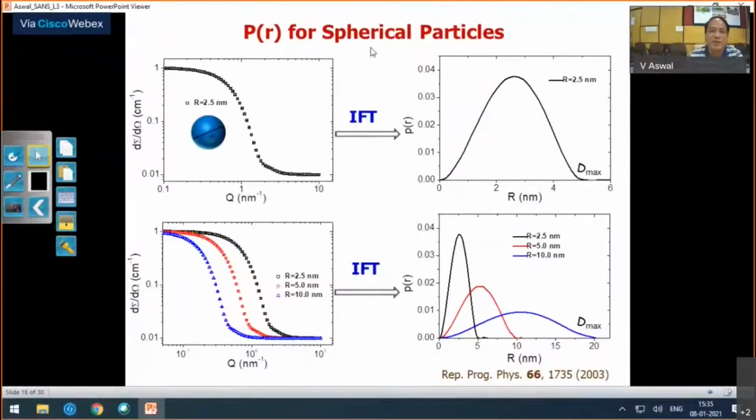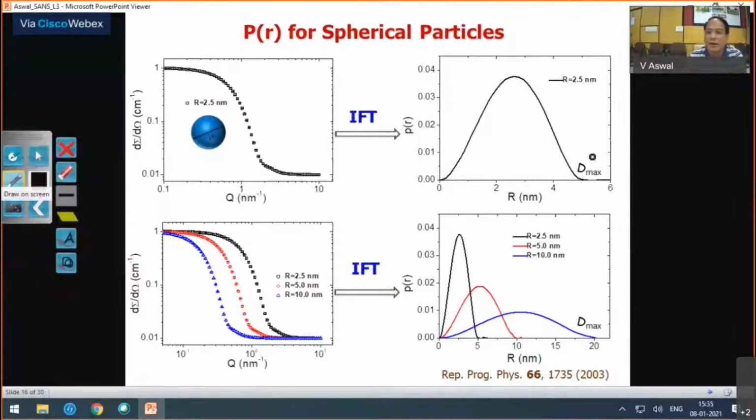So this slide shows P of R for spherical particles. As I said, in this case it will be symmetric, and the maximum extent here is the diameter of the particle. So the radius is 2.5 nanometers, so it goes up to 5 nanometers.